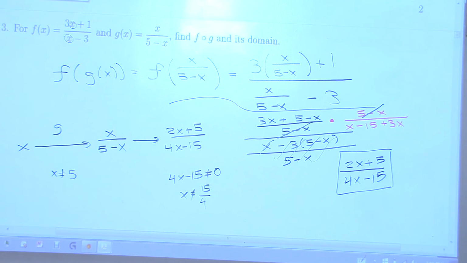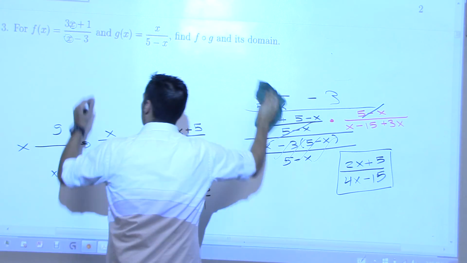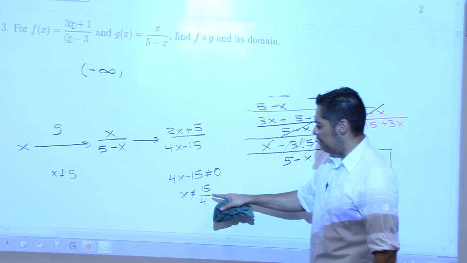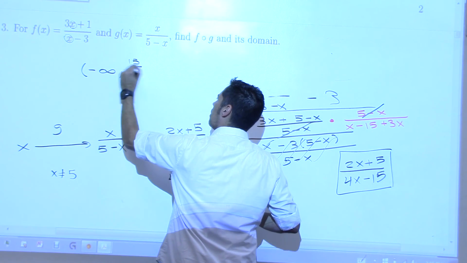So you're going to do negative infinity to... Any questions? I'm going to write the interval, but any questions on that domain? Okay, so it'll be negative infinity to, let's see, which of those comes first, 5 and 15 over 4? 15 over 4 will be the first number.